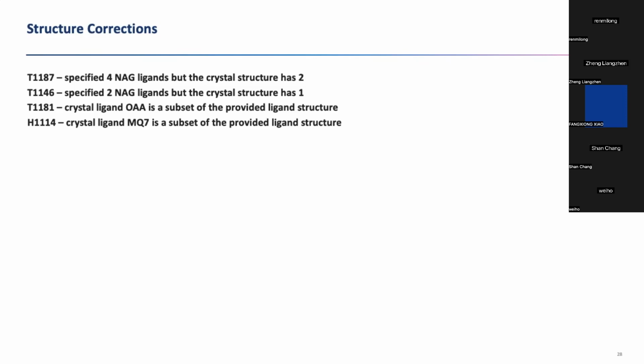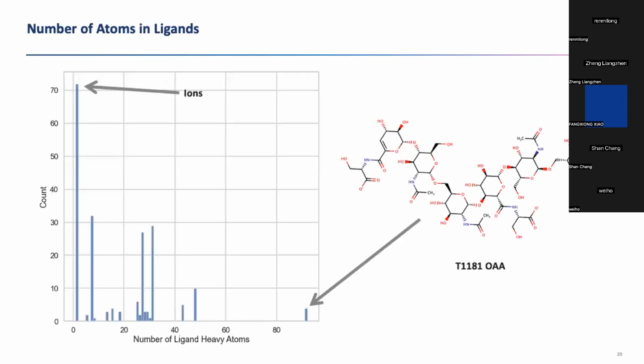There was one where they said there was 2, and it turned out to be 1. And then there were a couple of cases where there wasn't density in the structure to support part of the ligand. So the ligand in the crystal structure or the cryo-EM structure ended up being a subset of what people had predicted. But we worked around that.